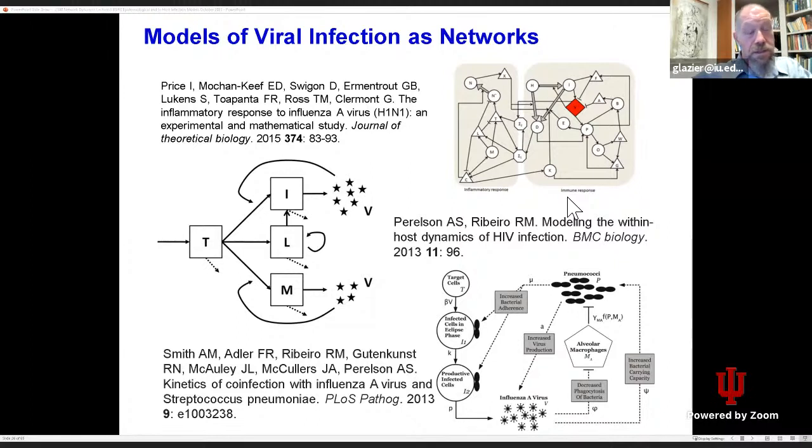IL-2 and 6 are the things that give you a fever and a headache. Later on, there are interleukins that are associated with recruiting immune cells. So these are now cytokines, chemokines, and cytokines to recruit immune cells from the lymphatic system into the infected tissue.